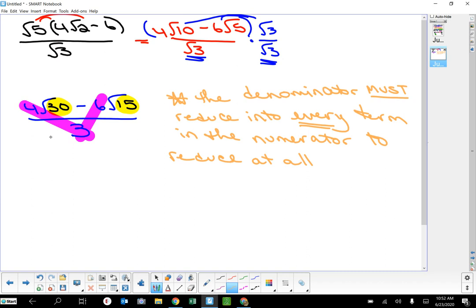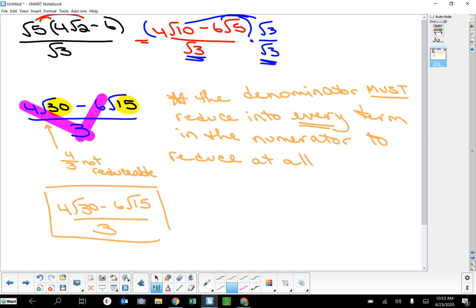And so in this one, this 4/3 is not reducible. So the entire fraction is not reducible. So this is your answer. So 4 rad 30 minus 6 rad 15 all over 3 is the answer to that problem.